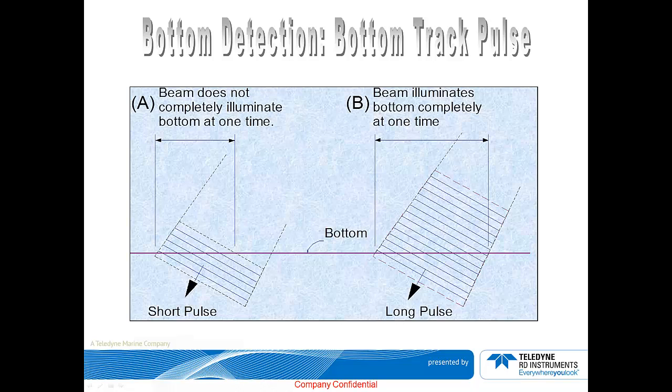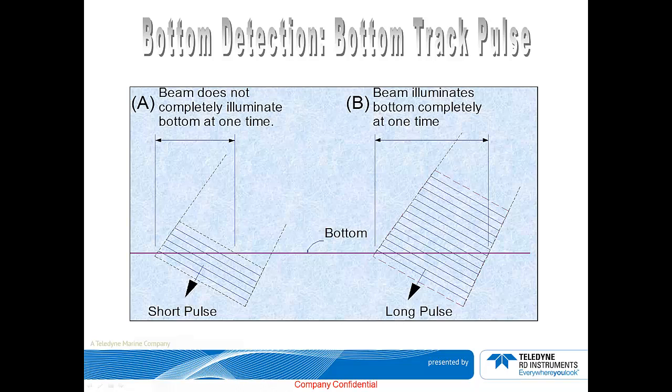This picture compares a short pulse, which is the one on the left, versus a long pulse or a bottom track pulse, which is the one on the right, as they hit the bottom. To answer the question from the previous slide, the reason why bottom track uses long pulses is to allow the sound beam to insonify the bottom over the entire beam all at once.